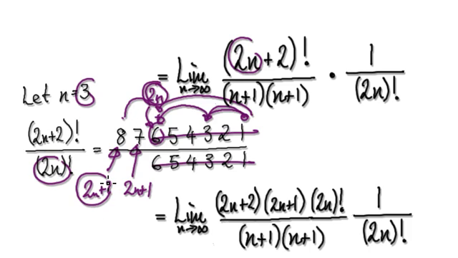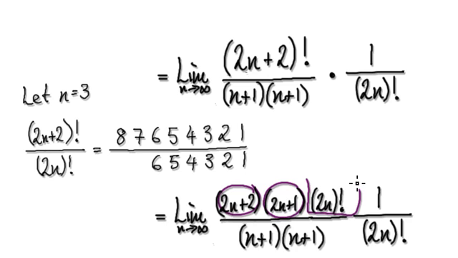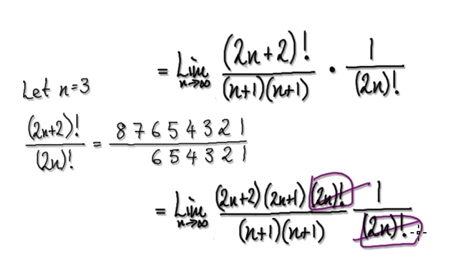Because the 6 and below have been cancelled out, all that's left is 2n plus 1 and 2n plus 2. So the point is that you can rewrite this thing as (2n+2) times (2n+1) times (2n)!. Now these two will cancel each other out.